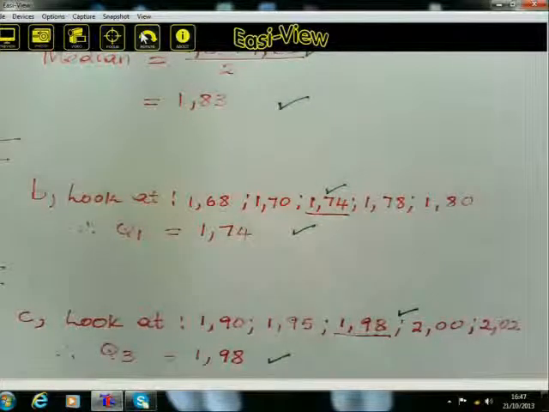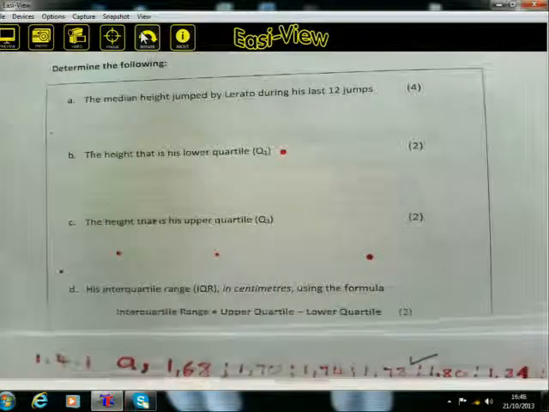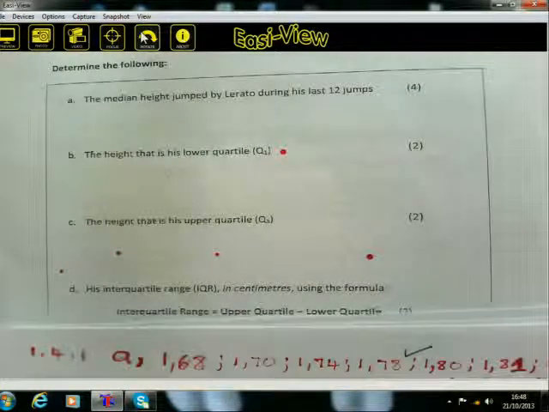So now after we arrived at quartile 3, sorry, let us check number D. Yes, we are in question number D now, under 1.4.1.